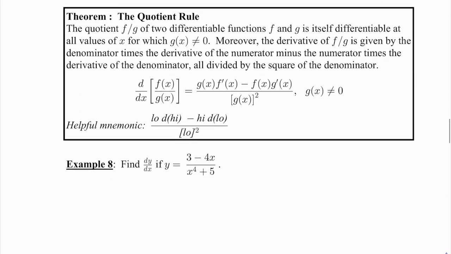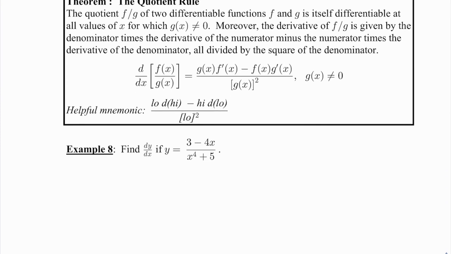Then we have the quotient rule, which tells us how to deal with the derivative or find the derivative of a function that is the ratio of two other functions. And so it says, if we're looking at the ratio of two functions, the way to find the derivative is leave the first factor in the numerator alone, and that's coming from the denominator of your original function.